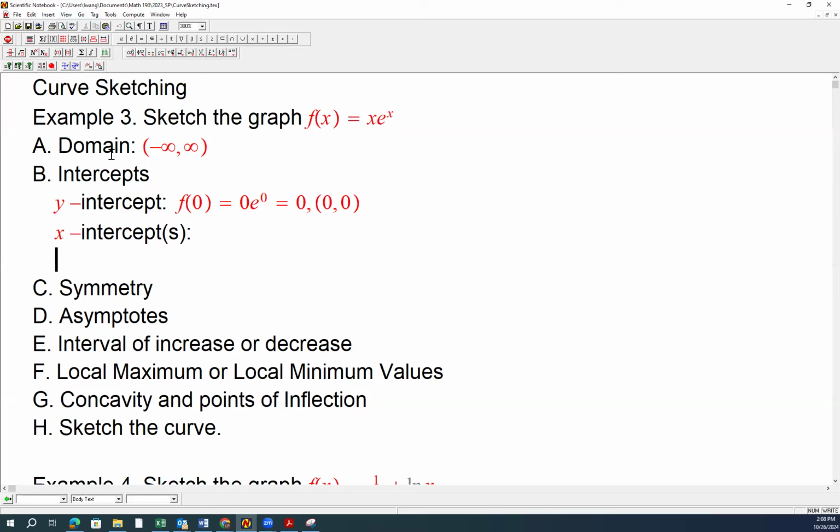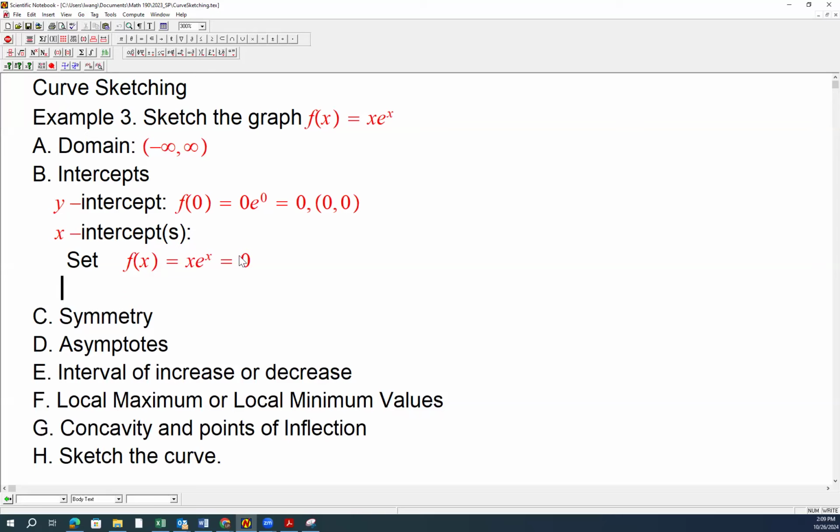We set y equals 0, f of x equals y. So this will lead to x times e to the power x equals 0. We know that e to the power x is always positive, right?